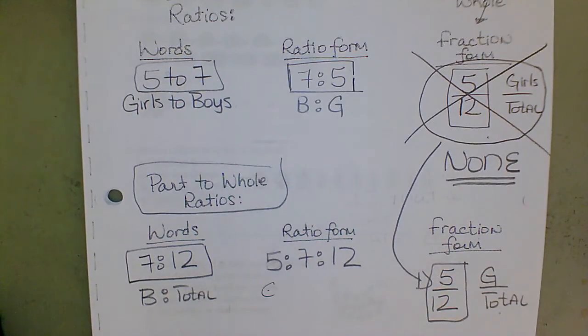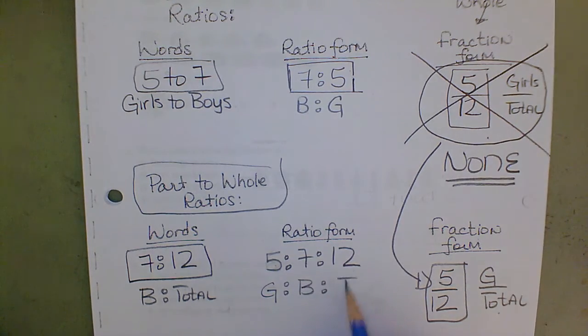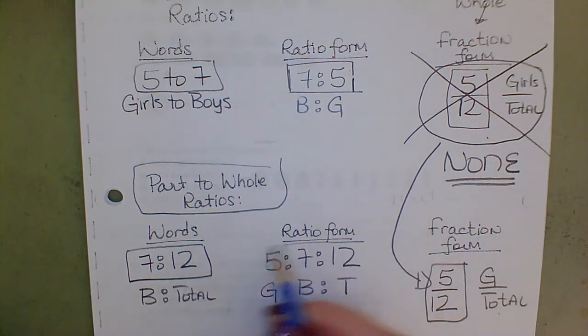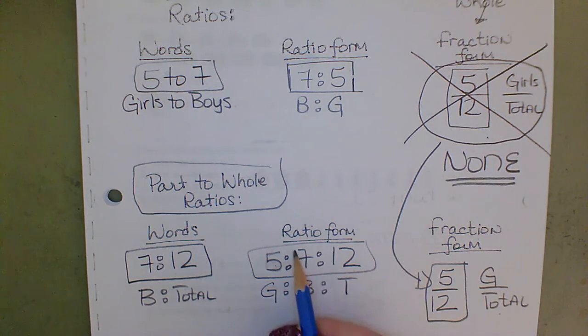Parts to a whole. Can I do parts to a whole? I do have parts, and then I have a whole. I just can't put it in fraction form. So I do have girls, I do have boys, I do have a total. I'm good there. I just cannot write this one in fraction form because then I'd have 3 numbers in my fraction. And it can't happen. All right?